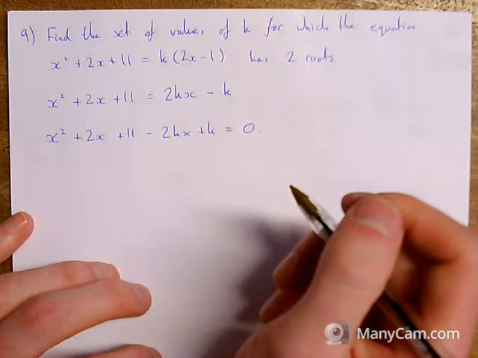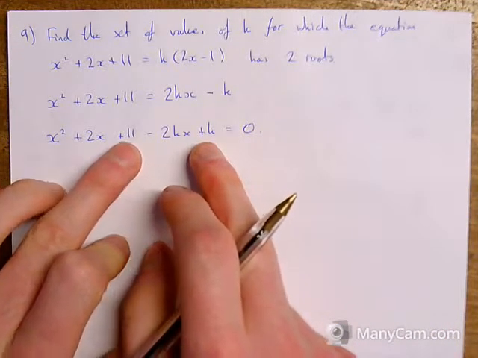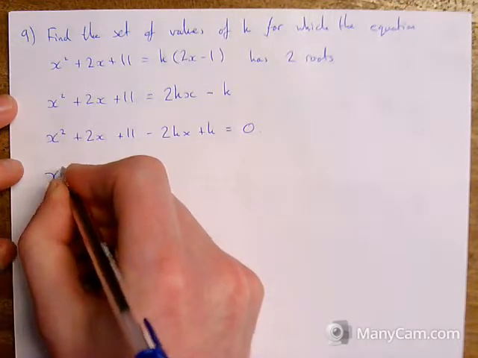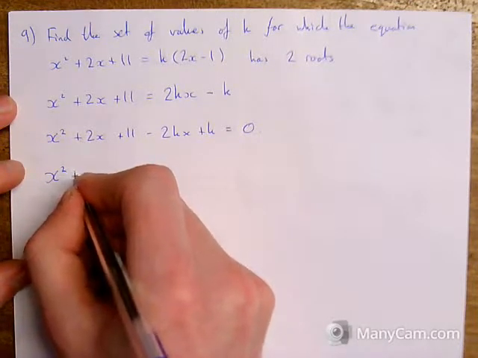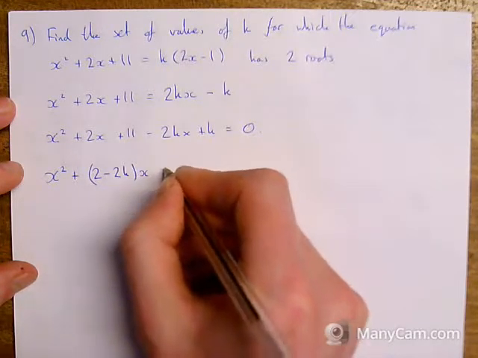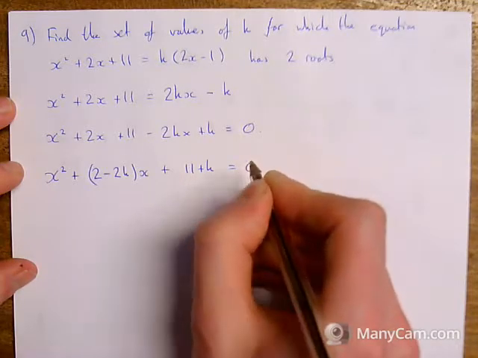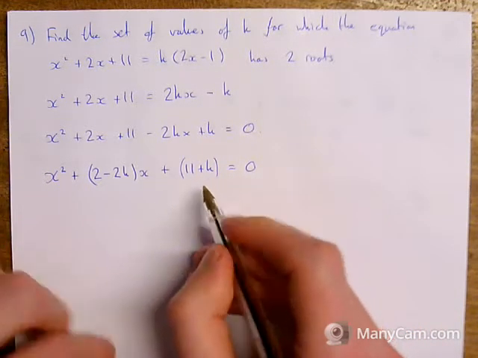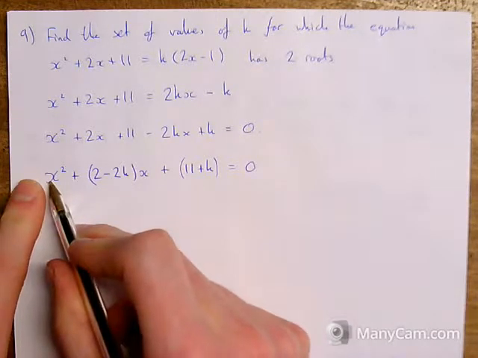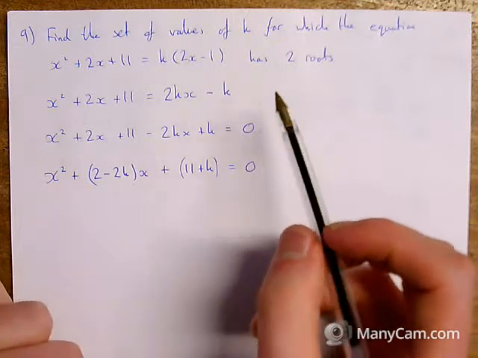I'm also going to rearrange it so I've got all of the x parts together and all of the constant parts together to make it look a bit nicer for when we use the quadratic formula. So we have x squared plus (2 minus 2k)x plus (11 plus k), which equals 0. So I've put the constant parts together, the stuff to do with the x's together, and the x squared together.